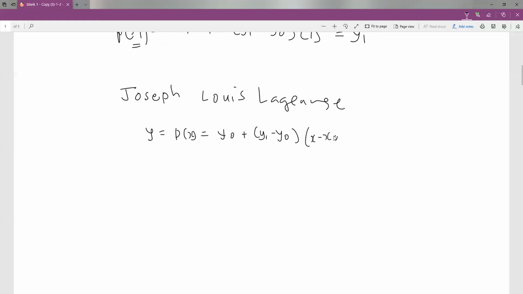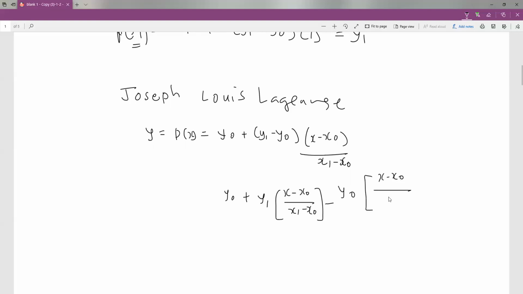So this was our original equation of the first order linear interpolation. We have to slightly expand this function, y0 plus y1 times (x minus x0) over (x1 minus x0). I am separating out this term, y0 times (x1 minus x0), minus y0 times (x minus x0), over (x1 minus x0).